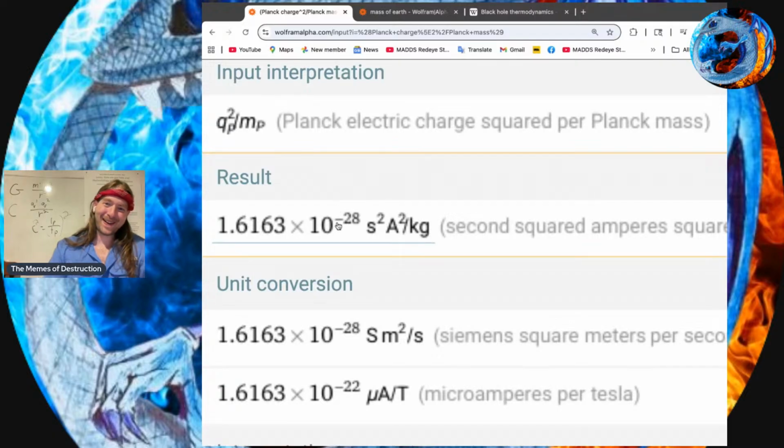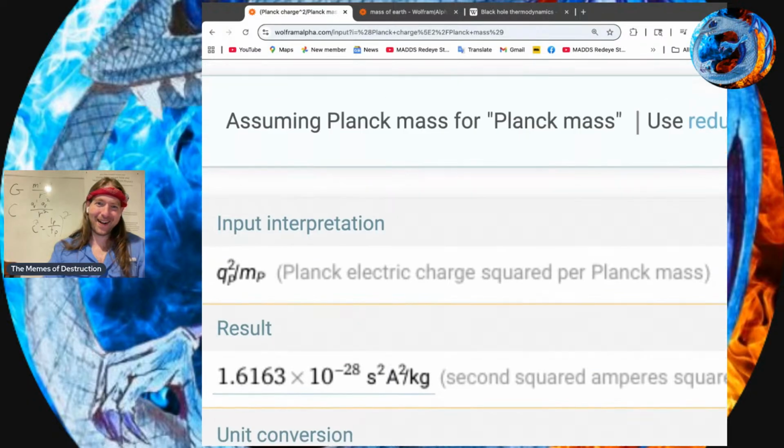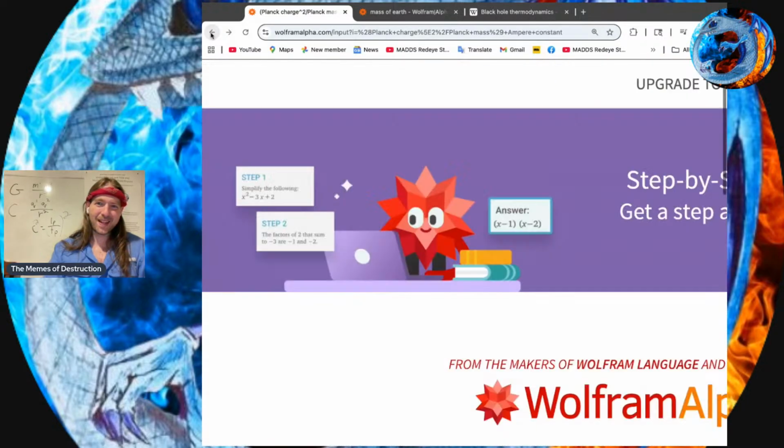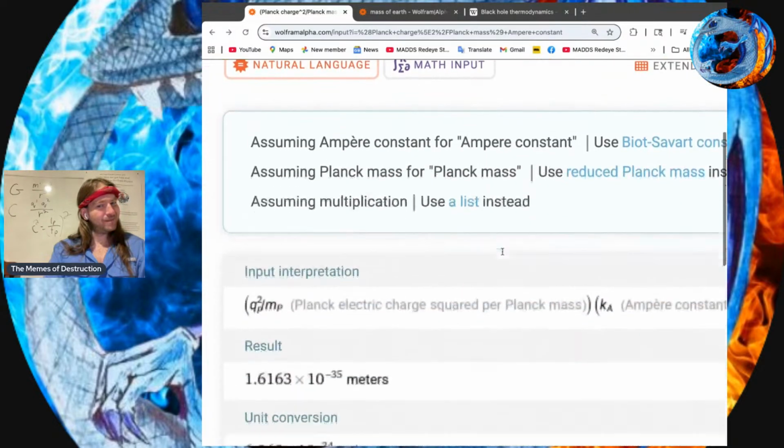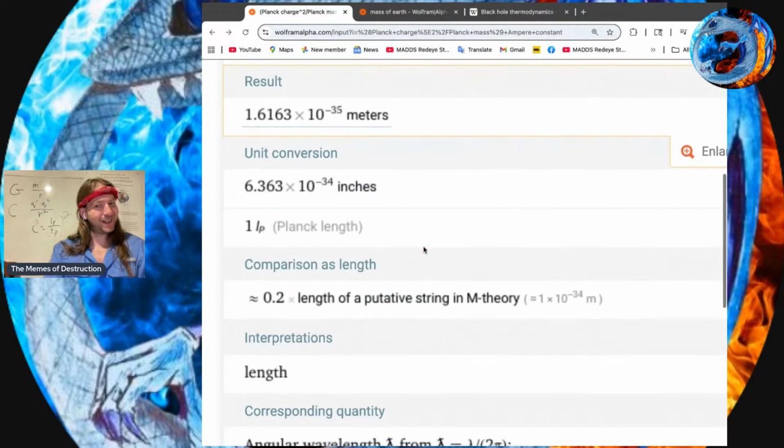So wait a second, these digits are 7 orders of magnitude off, and these are the wrong dimensions. So what could shift this by 7 orders of magnitude and get us to the right dimension? You got it. Ampere's constant, which gives us the Planck length there.